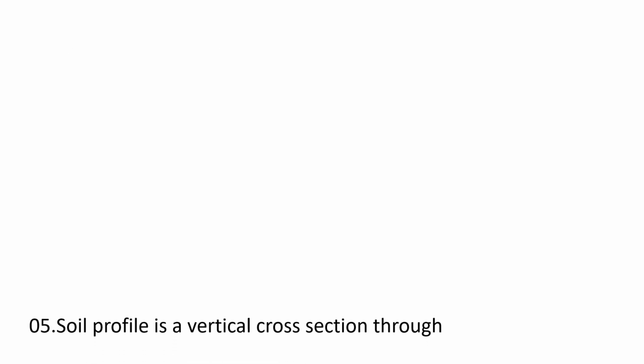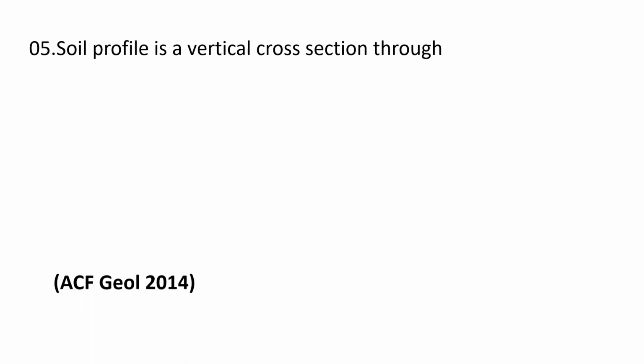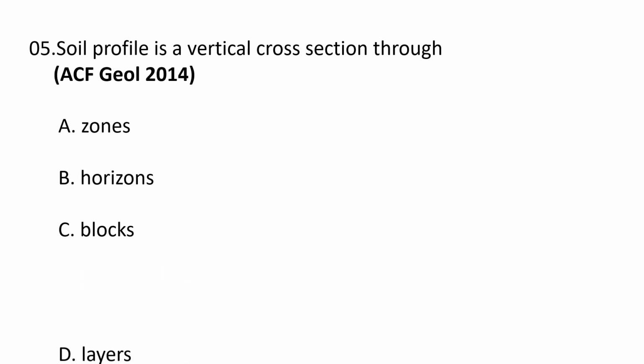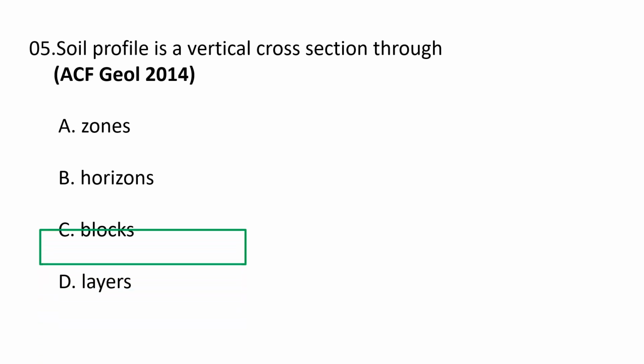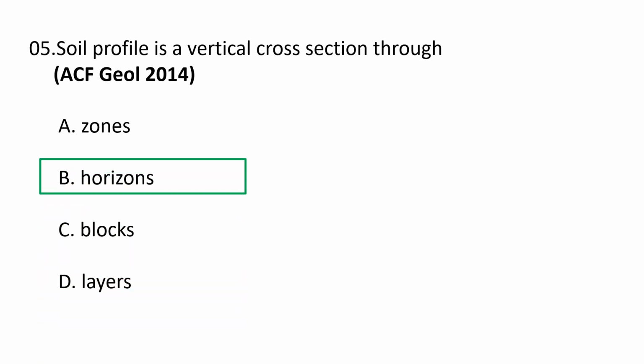Next question. Soil profile is a vertical cross section through: A, zones, B, horizons, C, blocks, and D, layers. So soil profile is a vertical cross section through horizons. Next question.